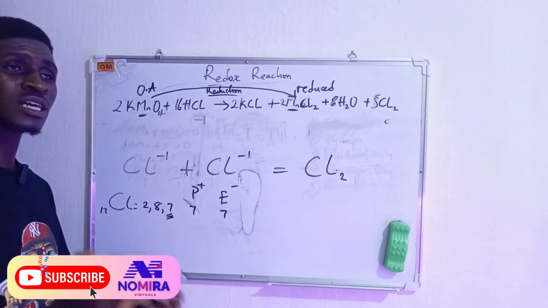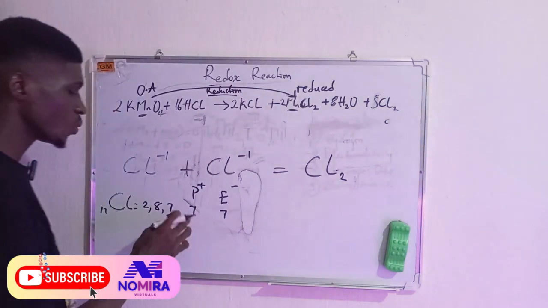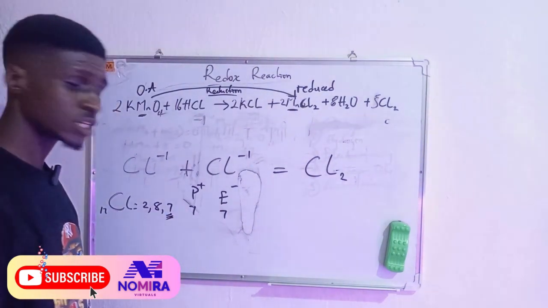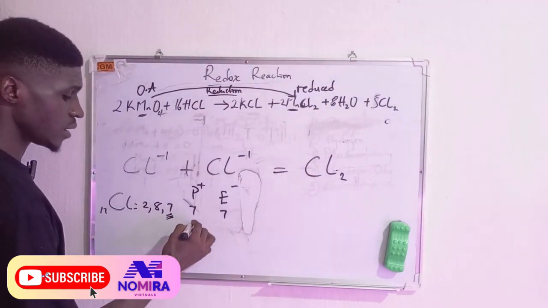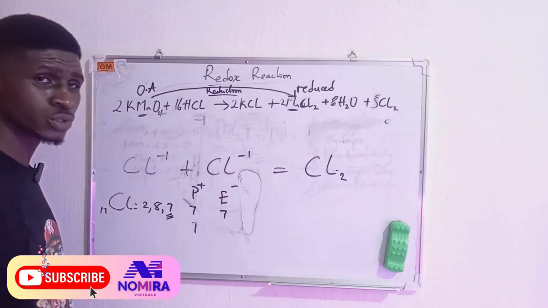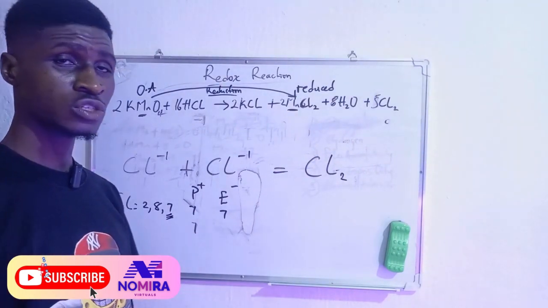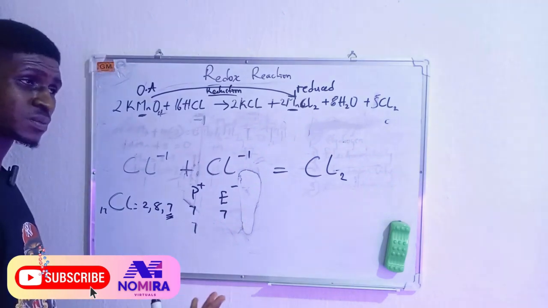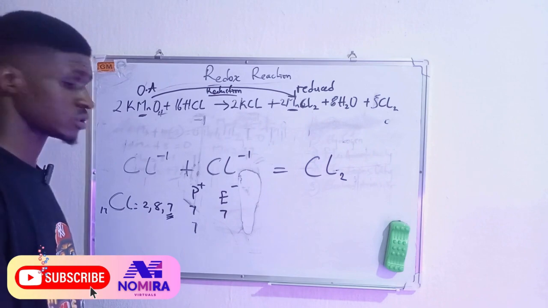Electrical neutrality means that the number of protons must be equal to the number of electrons. Now, when we want to derive an oxidation number or state here, we will be looking at the fact that protons don't participate in chemical reaction because they are hidden inside the nucleus. So screening effect or shielding effect will not allow it to participate in ordinary chemical reaction, except for nuclear reactions.